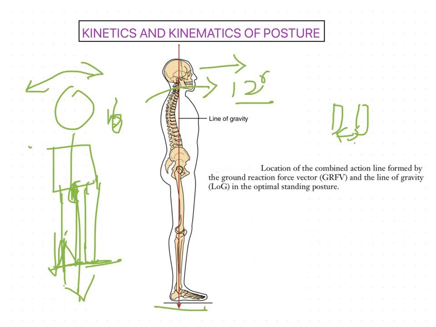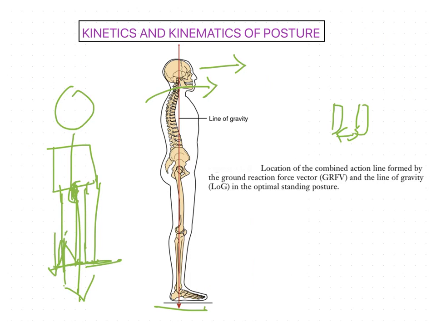The coincident action lines formed by the ground reaction force vector and the LOG serve as a reference for the analysis of the effects of the forces on the body segments. So if you know this optimal alignment of the posture, then we can compare it with other different kinds of posture.